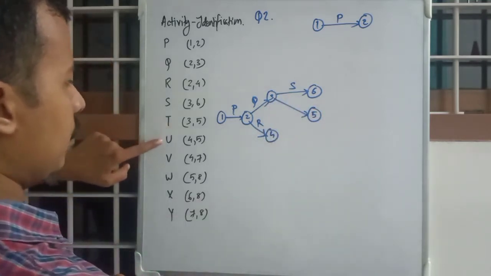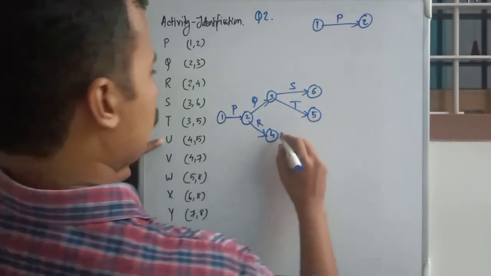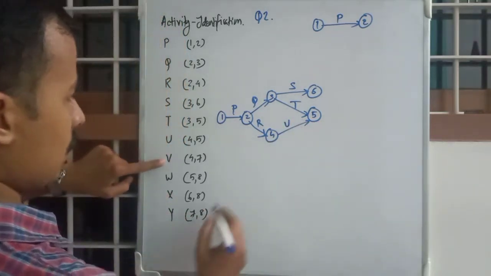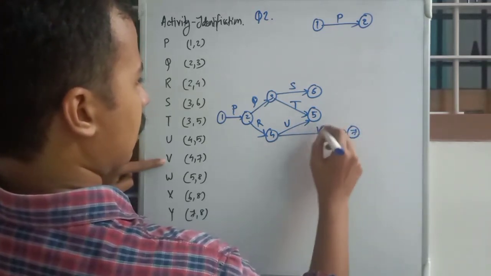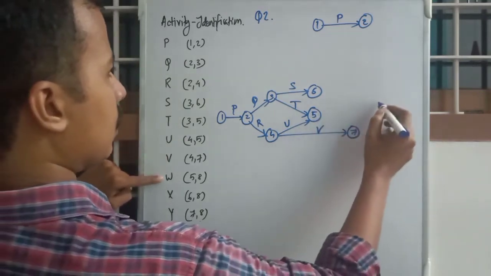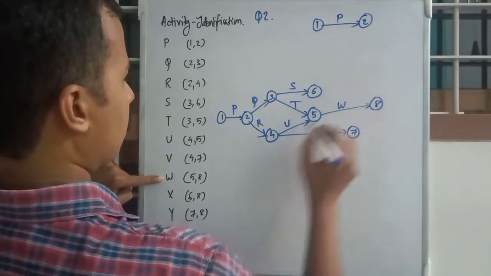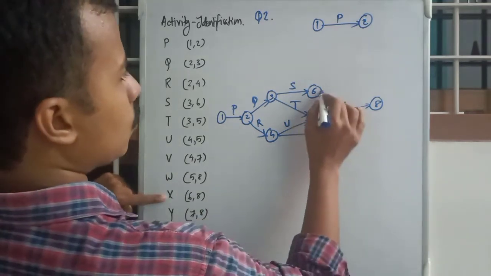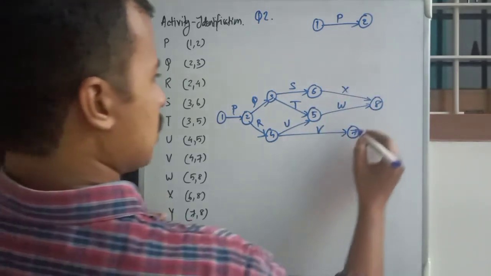And U is from 4 to 5. You just have to join this. This is U. V is 4 to 7. And W is 5 to 8, that is W, and X is 6 to 8, and Y is 7 to 8.